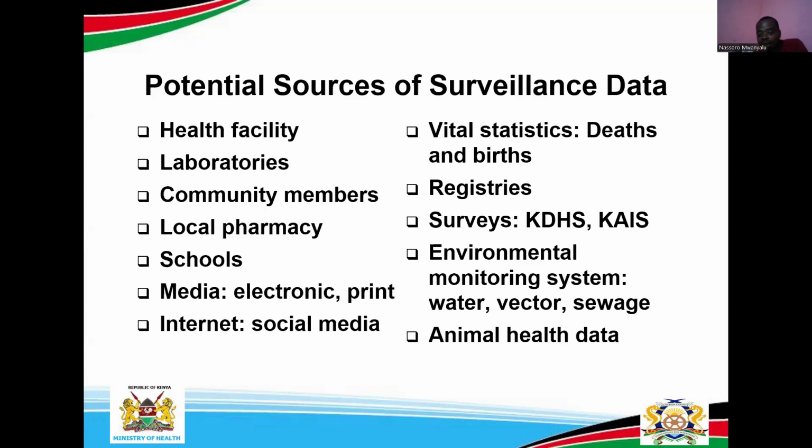I can talk a little on sewage. Currently, countries are investing a lot in surveillance using sewage. For AFP surveillance, we rely mostly on sewage to do the surveillance, and also we can use animal health data.